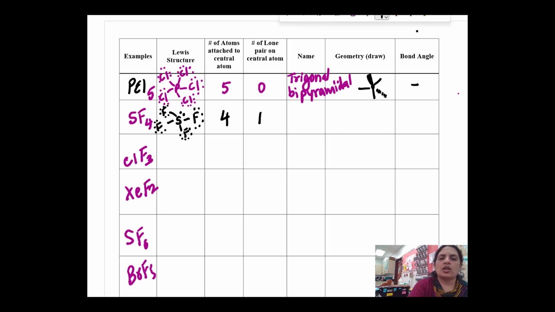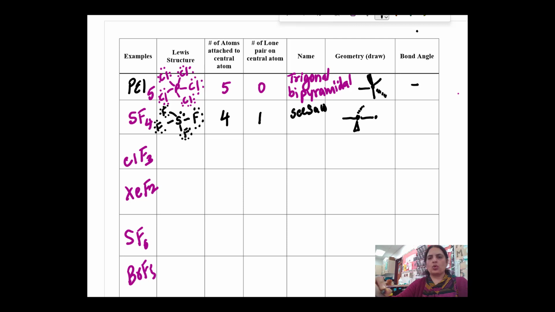So the shape is called seesaw, and the way we can draw this is sulfur in the center, then 2 bonds in the plane, one coming out and one in the back. That's a seesaw shape, 4 bonds with 1 lone pair on the central atom.